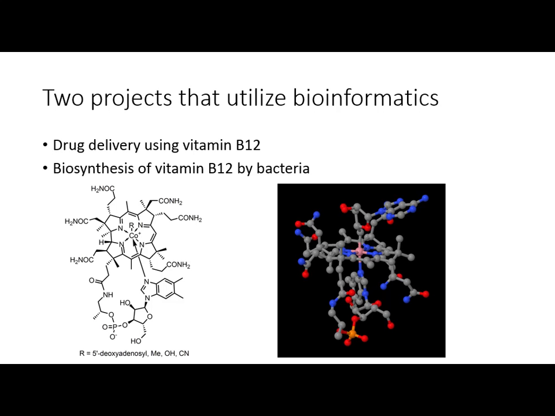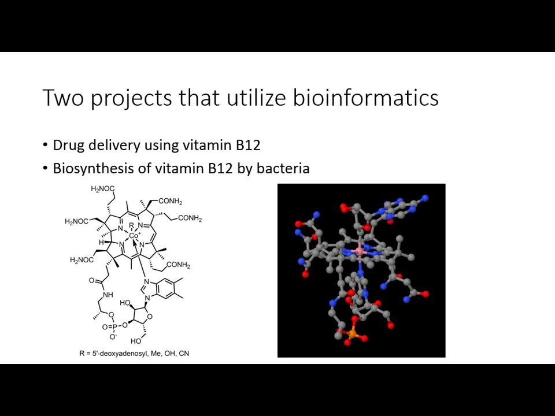So those are the main areas of bioinformatics coming from my standpoint, as a biochemist. Now what I want to talk about is two different projects that I've done so far in my career that use bioinformatics in two different ways. The first one is drug delivery, using vitamin B12 to deliver insulin orally.